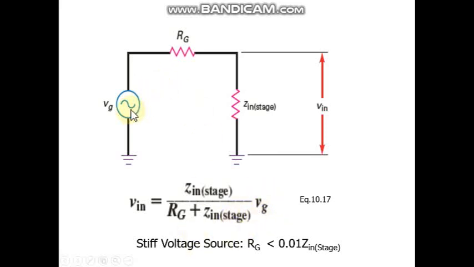If the voltage source is a stiff voltage source, then Rg will be less than Z in stage by 100 times. In that case we can ignore Rg, and Rg will be 0 here. So V input is equal to Z in stage upon Z in stage, times Vg. So we can say whatever Vg you are applying here, almost all the voltage is available as V input.